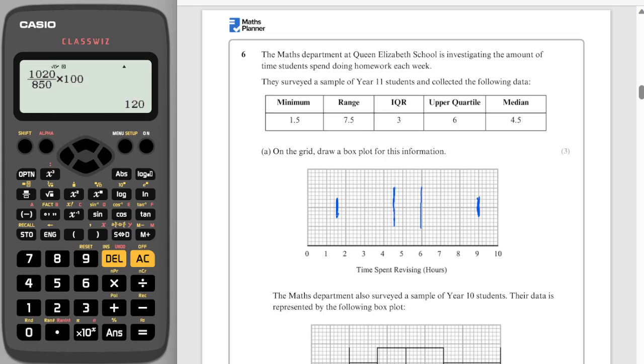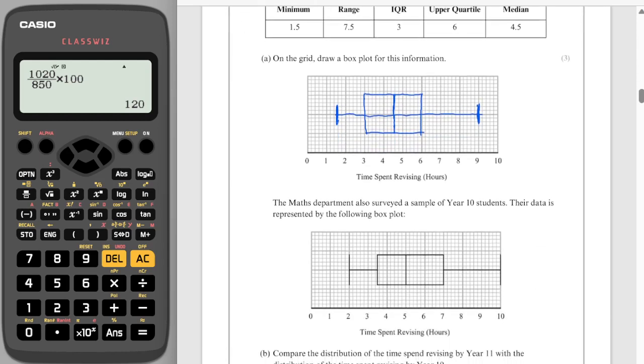So that means that my lower quartile would have to be 3. Okay, so complete that into a box. So there we go. That's my box plot.